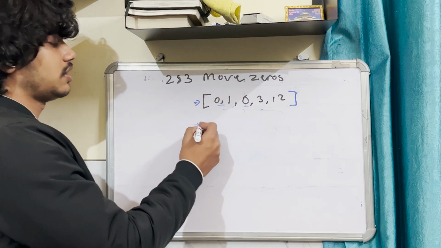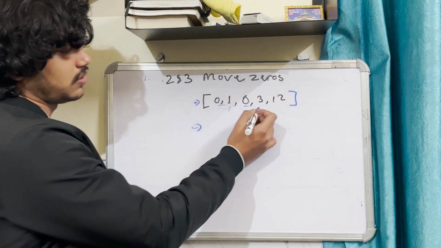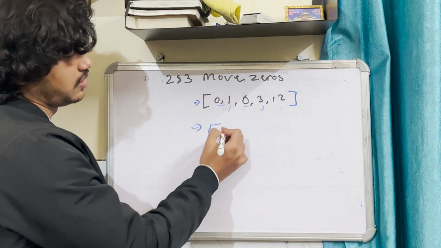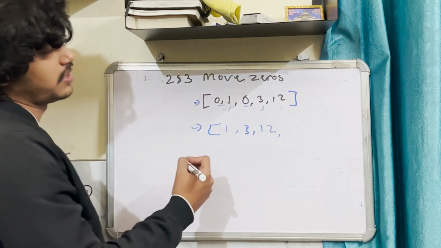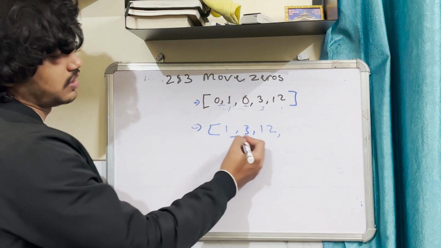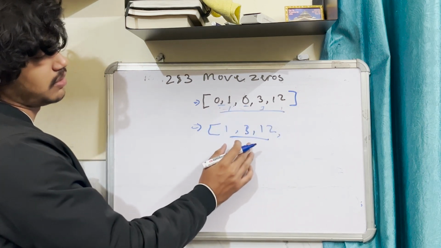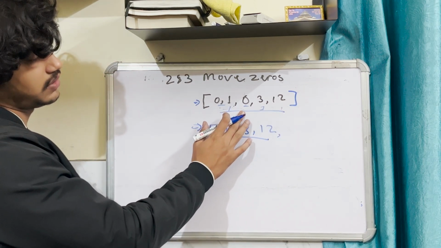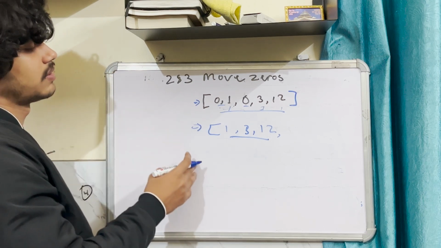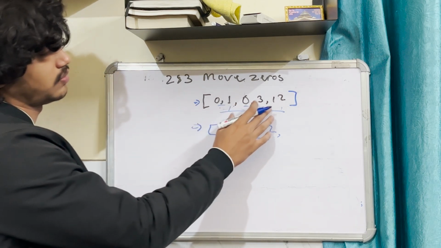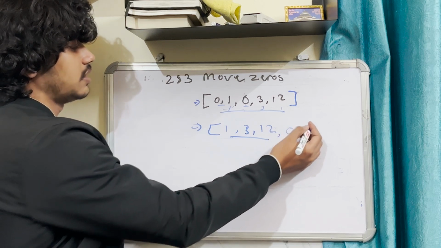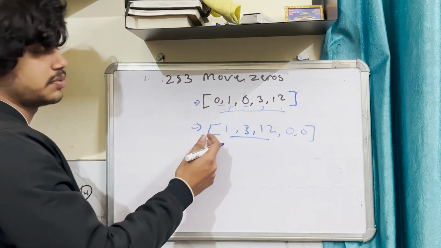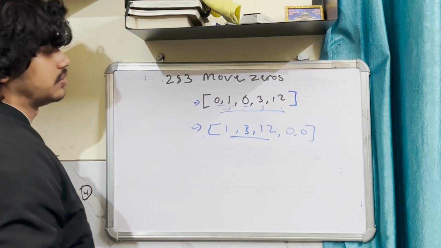Or you can transfer all the non-zero elements into another array, and the remaining positions, you can find by subtracting the sizes of the two arrays. For example, 3 and the size here is 5, so you insert two zeros. You can do that, but you are using extra space, so you can't use this solution.